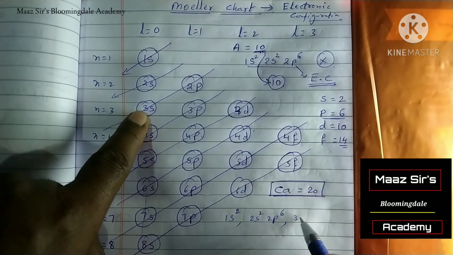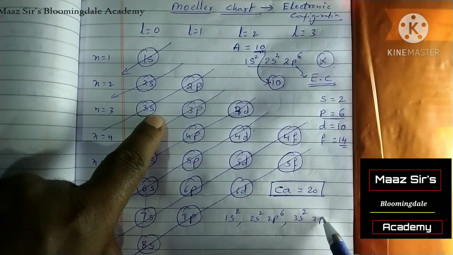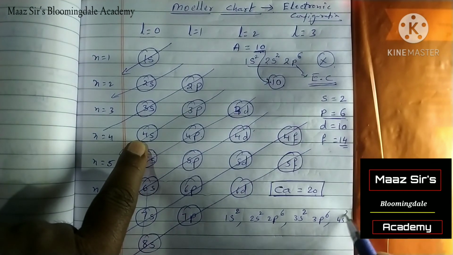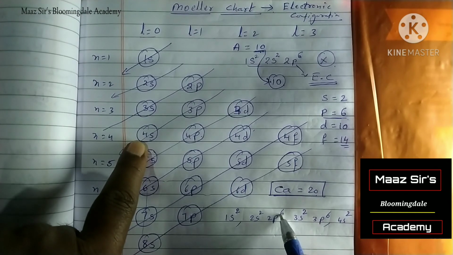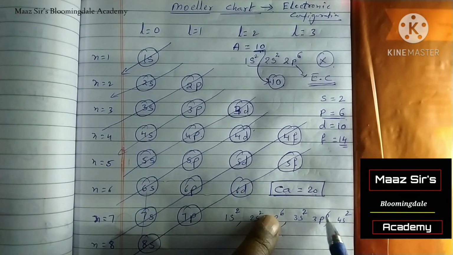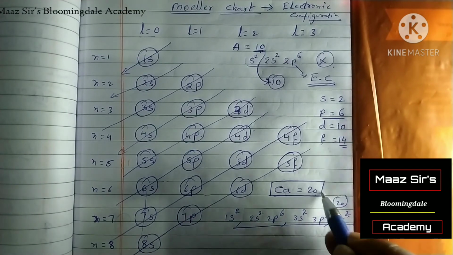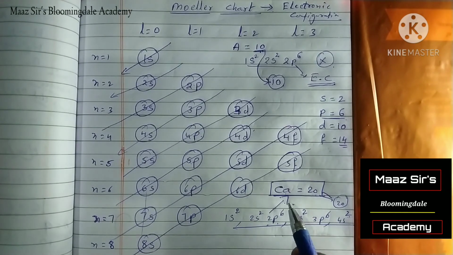Next it will go to 3s, maximum capacity 2. Next 3p. Next it will go to 4s. So how many? 2 plus 2, 4, 6, 10, 12, 18, 20. I am getting 20 here, then I have to stop. So this is the electronic configuration of calcium.